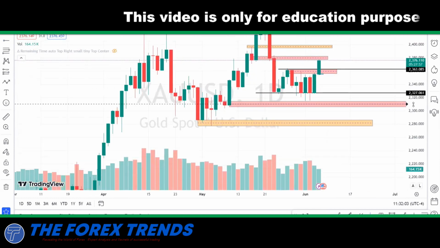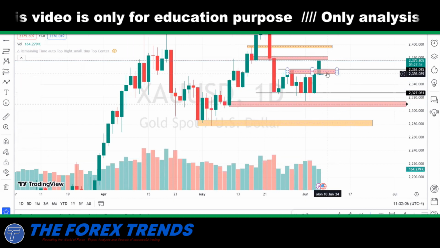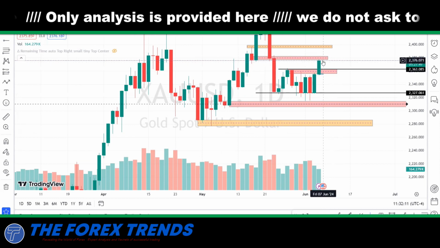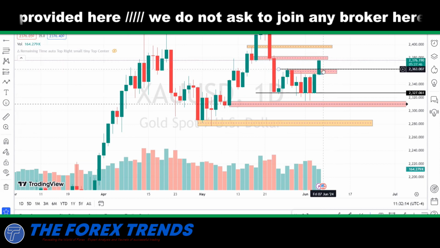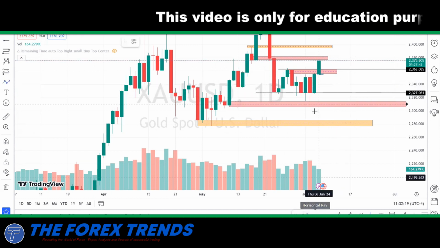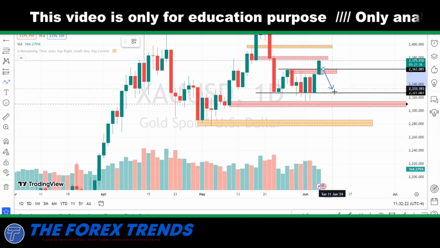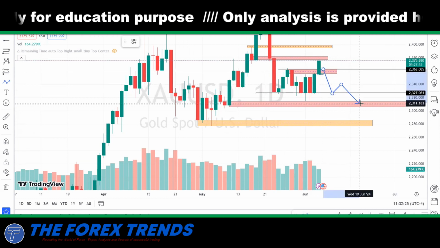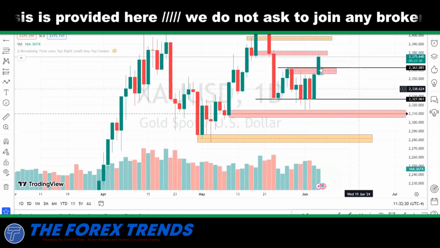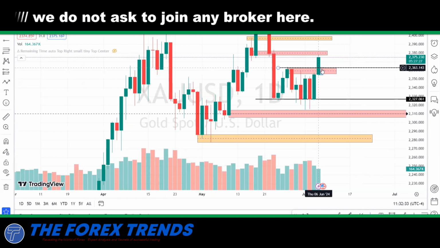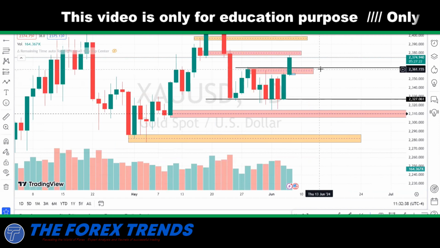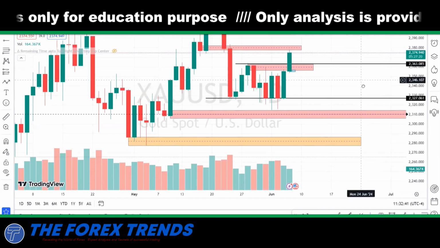If the market calms down again and closes below this price, that is the 2361 level, we may see some selling on gold for tomorrow, like this. So it is our first trade setup. If the market closes below the 2360 level tonight, we'll initiate sells from this area, the 2360 area, for tomorrow.